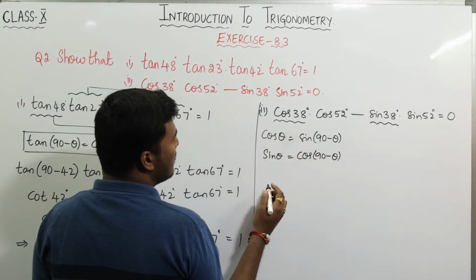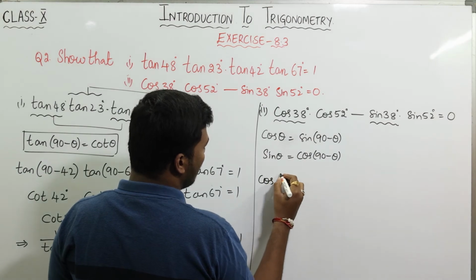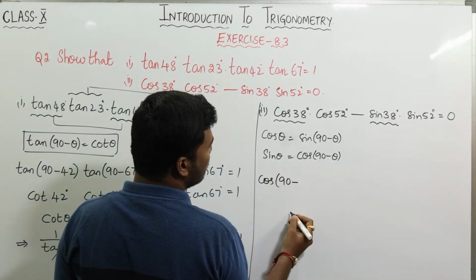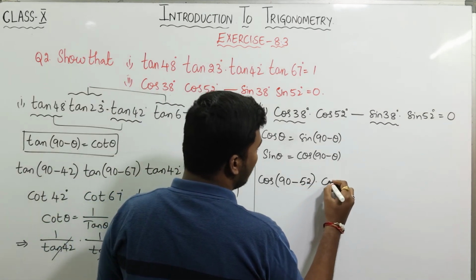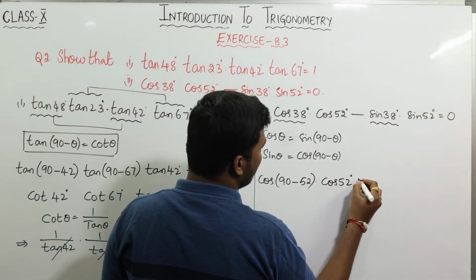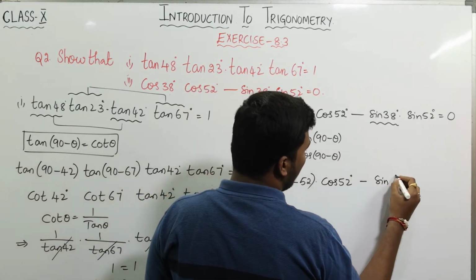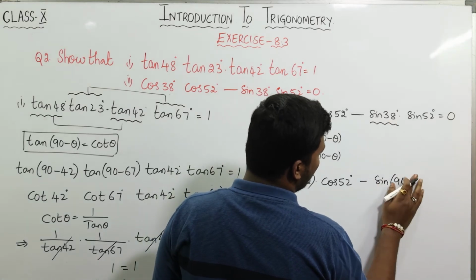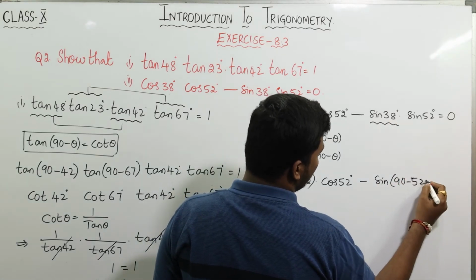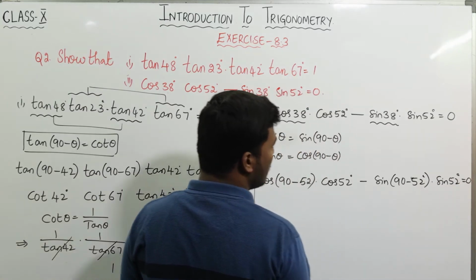So now cos 38 can be written as cos(90 minus 52), into cos 52, minus this will become sin(90 minus 52) again into sin 52, which is equal to 0.